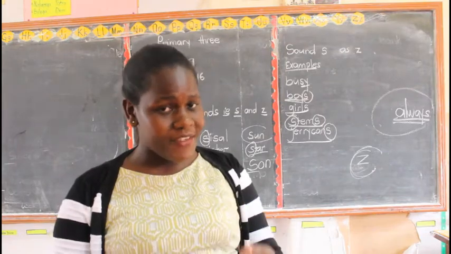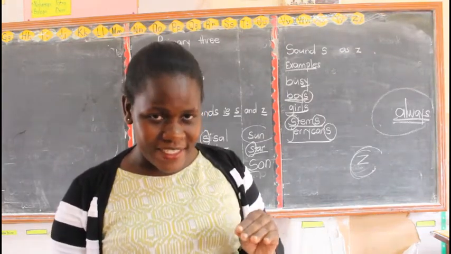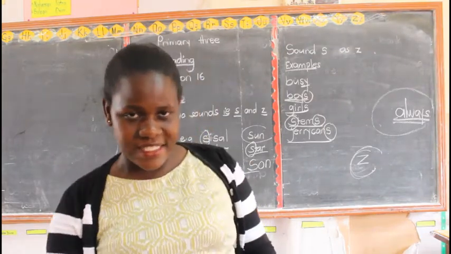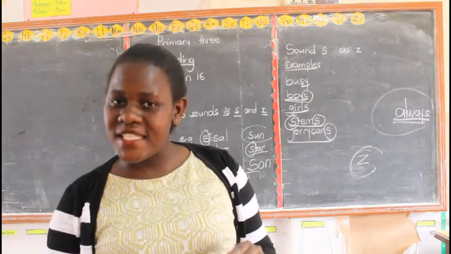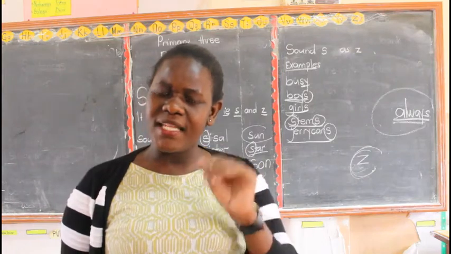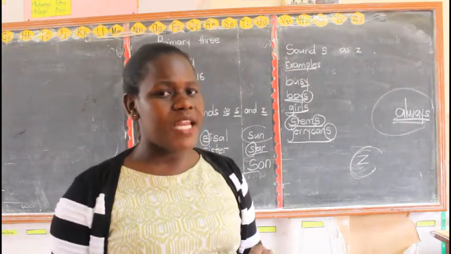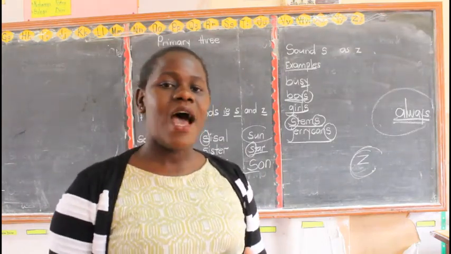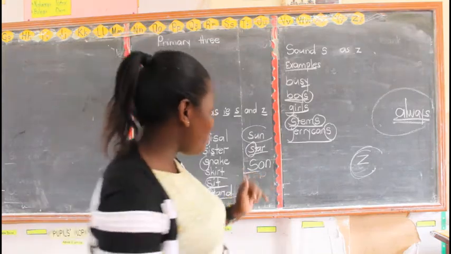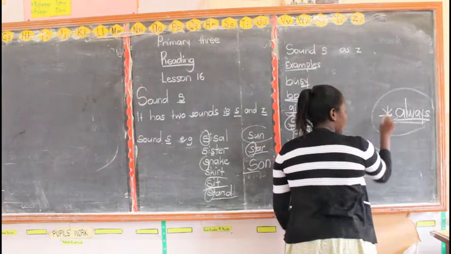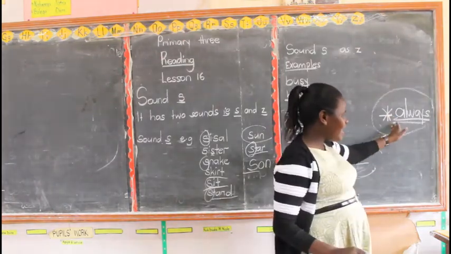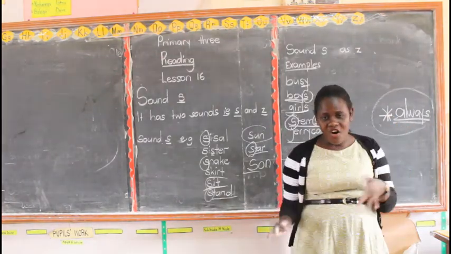You can now identify letter S which sounds S, and those words still with letter S which sound Z. Now, remember I've given you an assignment that before I end my lesson, you should identify for me this word here. The word is always.